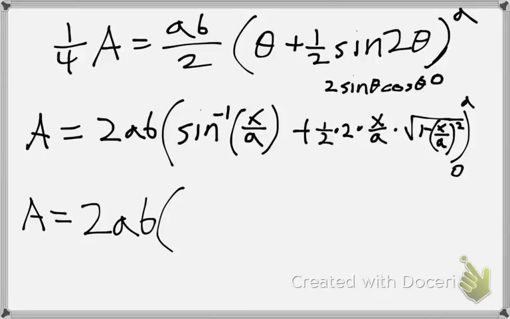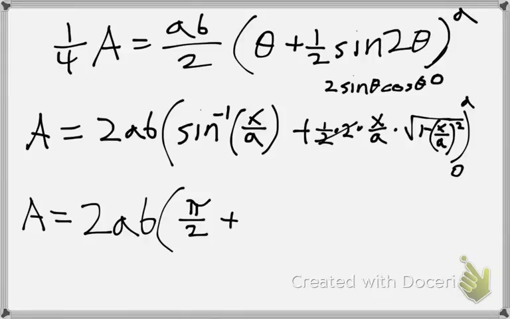And so we'll have arc sine of a over a, which is equal to arc sine of 1, and arc sine of 1 is equal to pi over 2. Plus the 1/2 and 2 cancel out.